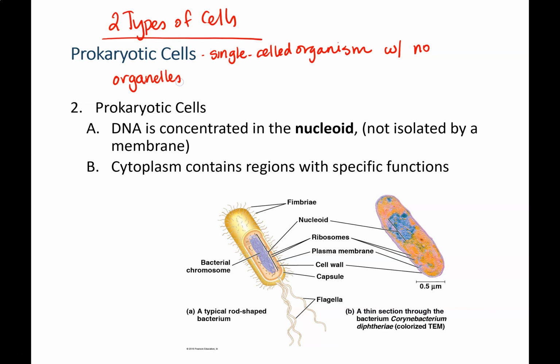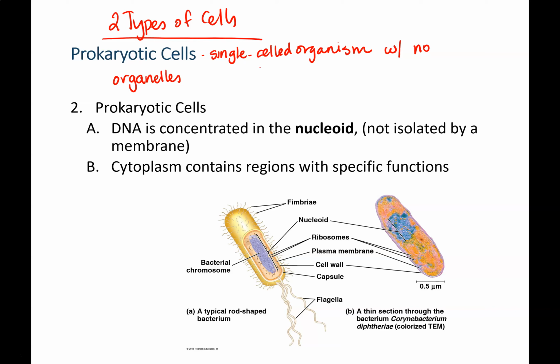So organelles are like little compartments within the cell that separate the compartments from the rest of the cell. Now, prokaryotes do not have those compartments. They're going to be our simpler form of cells, but they still perform all of the functions that are considered required for life.